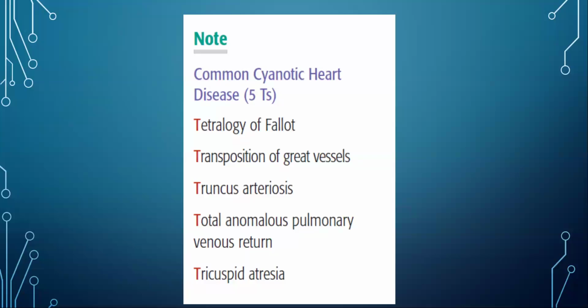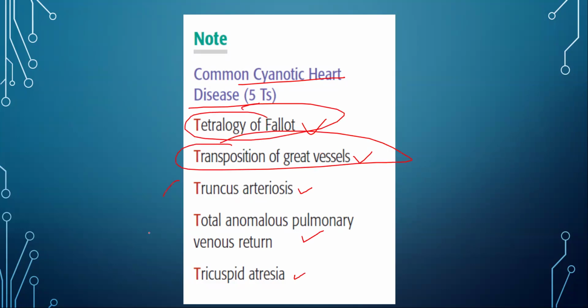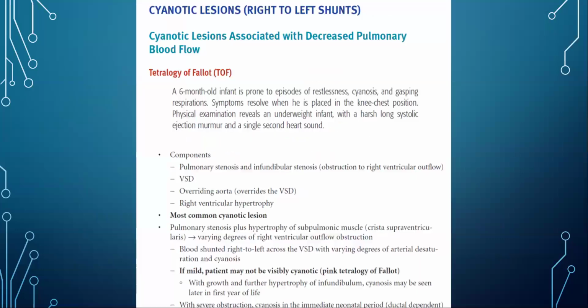But now we are going to cyanotic heart diseases in children. So cyanotic heart diseases are Fallot's tetralogy, transposition of great vessels, truncus arteriosus, total anomalous pulmonary venous return, and tricuspid atresia. The only thing that we are discussing today is these two. You can just remember the names of the others, but they are not needed for the exam.